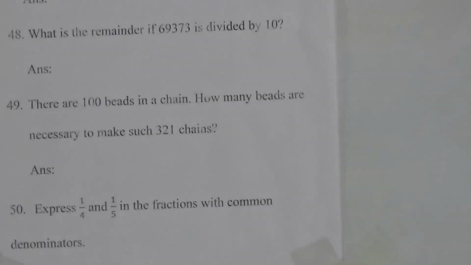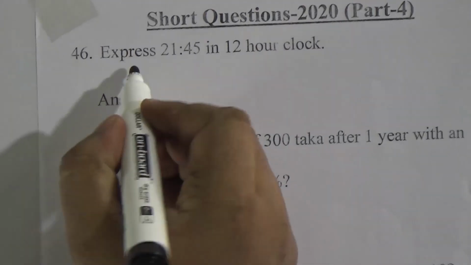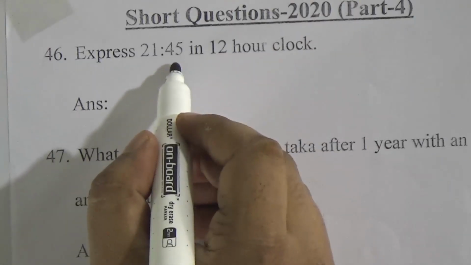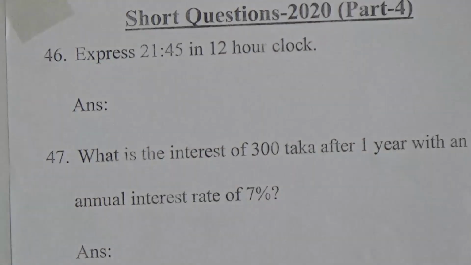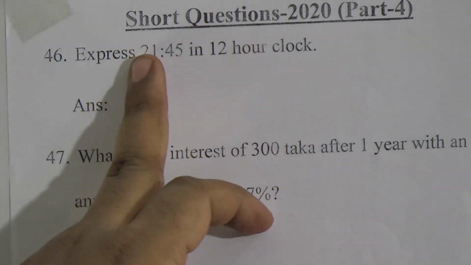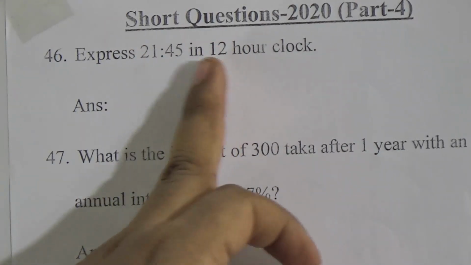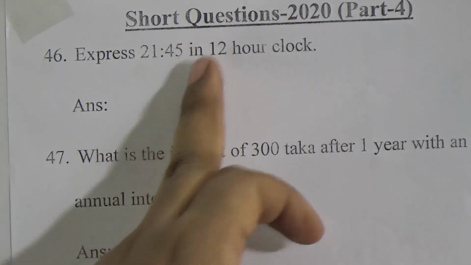Our first question, question number 46. Here, notice, express 21 hours 45 minutes in 12-hour clock. How do we convert this into 12-hour clock? We subtract 12 from the hour, and since there is no minute to subtract, we subtract 00 minutes from 45 minutes.